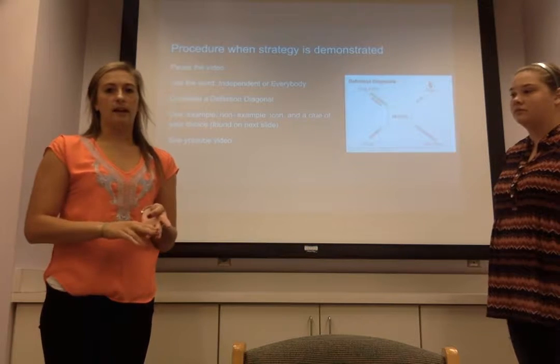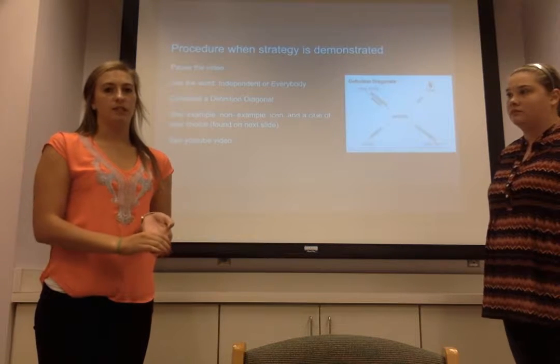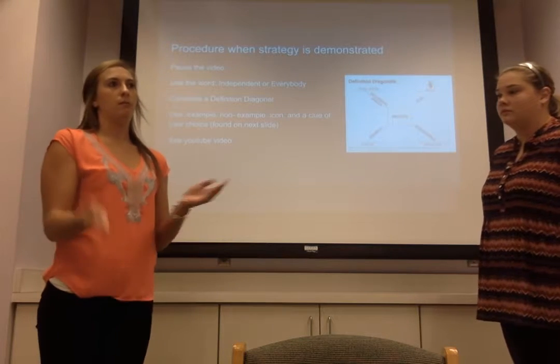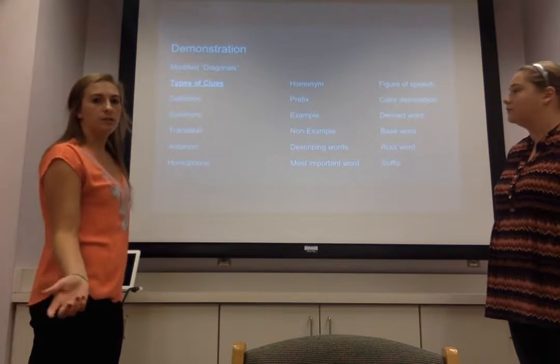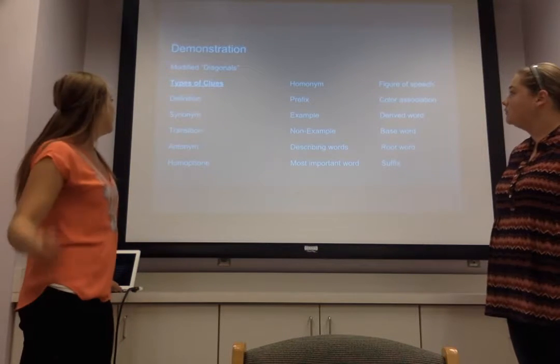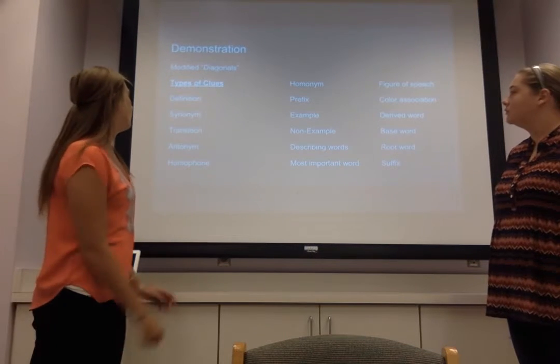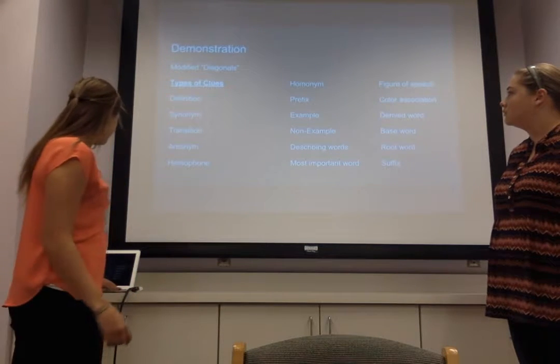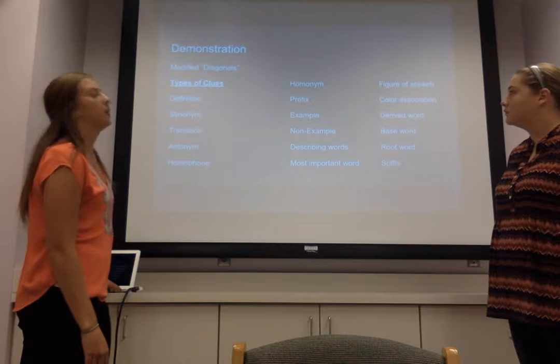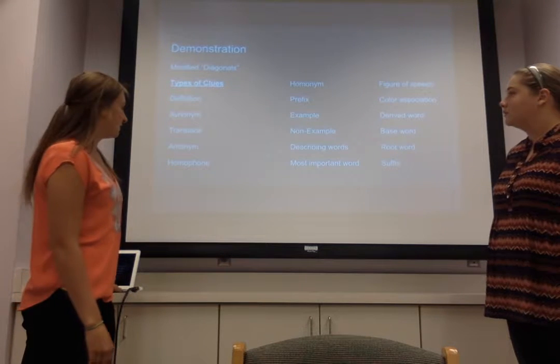So check out the next slide and then pause the video and complete your definition diagonal. And once you're done, we'll come back and talk about our research articles. So here are the clues you can choose from. There's a whole bunch. Synonym, antonym, homophone, most important word, prefix. So you pick your favorite one and then join us when you're finished.